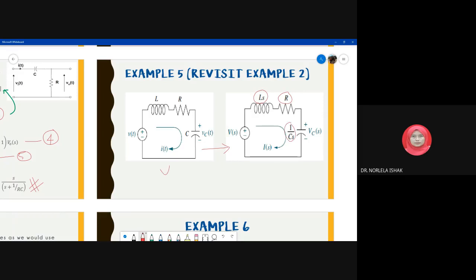So meaning Vs equals VL plus VR plus VC, right?